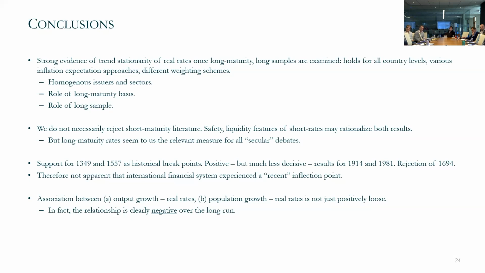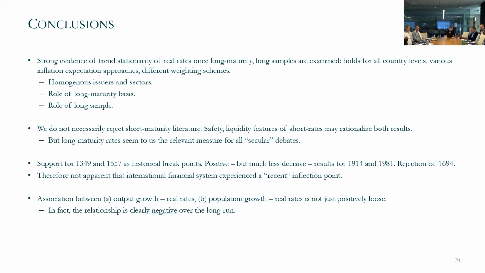They come from the fact that we use a homogeneous sample rather than splicing commercial paper rates together with policy rates and with T-bills, etc. We're using a homogeneous definition of long maturity interest rates for advanced economies, voluntary rates over time.